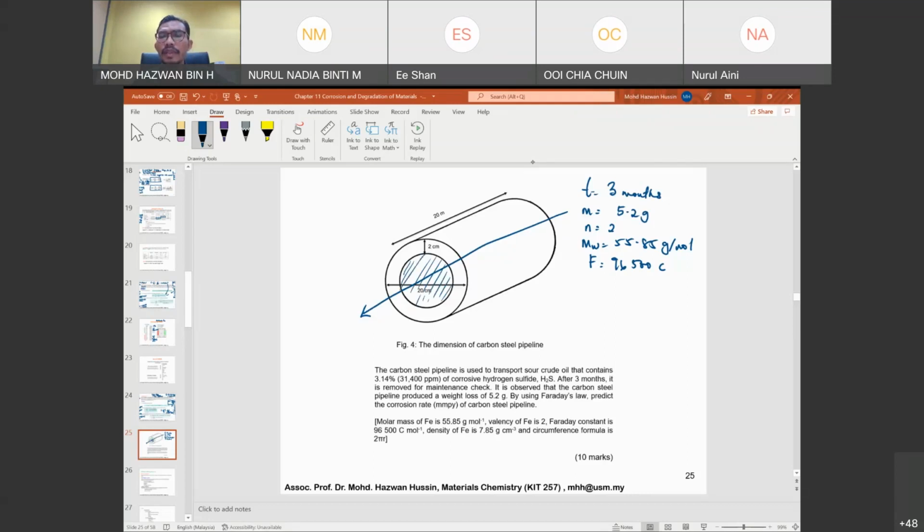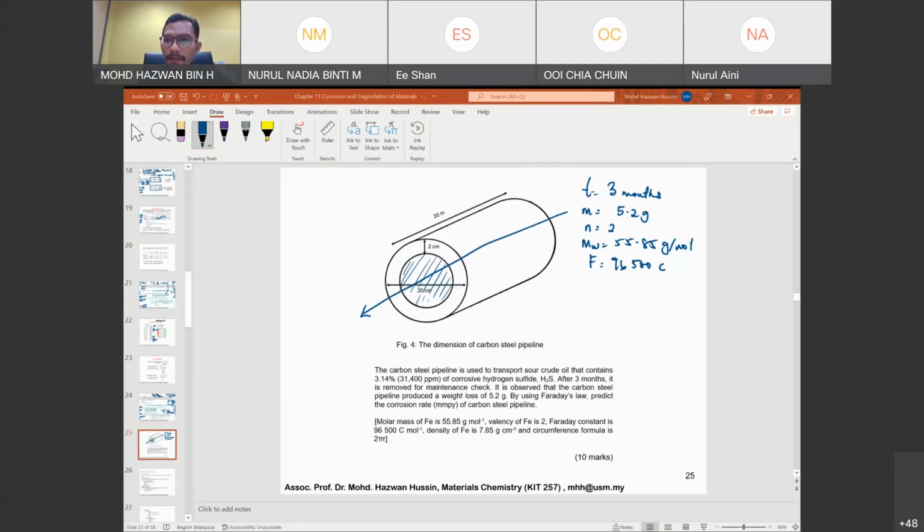Okay, right. So for this case, can someone give an idea how we can calculate the corrosion rate? What do we need to do first, or what do we need to find first? Cassandra, are you there?